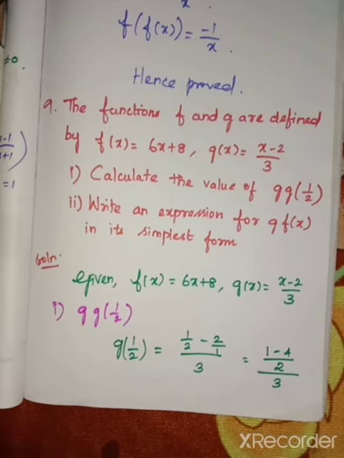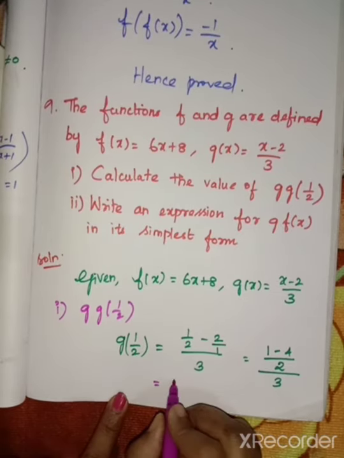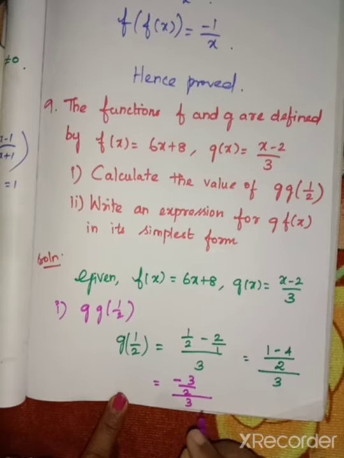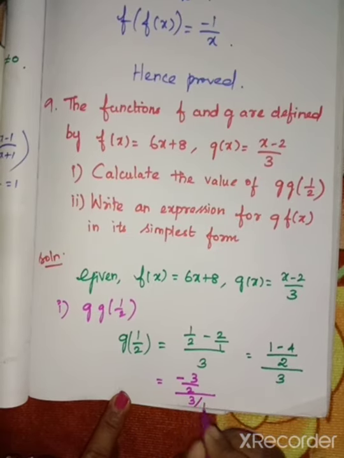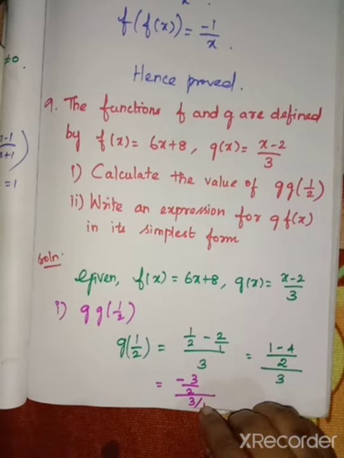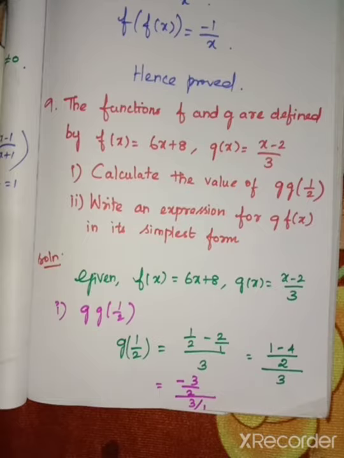Here we have to subtract. That means if you subtract, what you get is minus 3 by 2 divided by 3. If the 3 has no denominator, then here we have 1. So totally we have 1 2 3 denominator, so we can use the reciprocal.